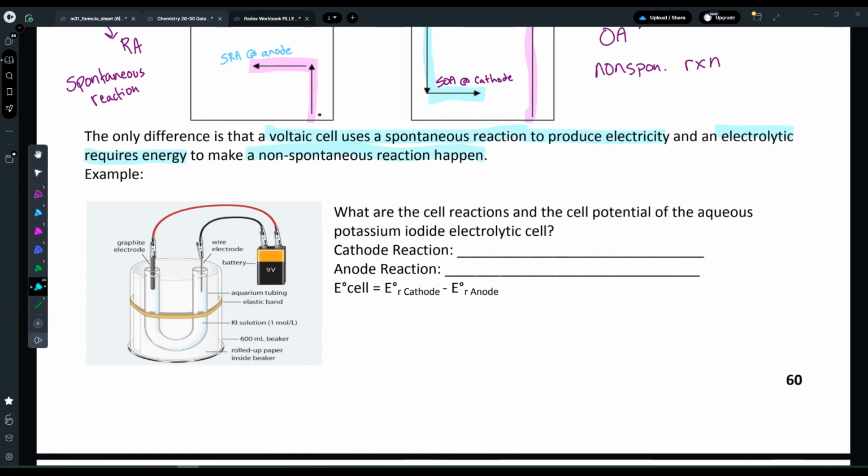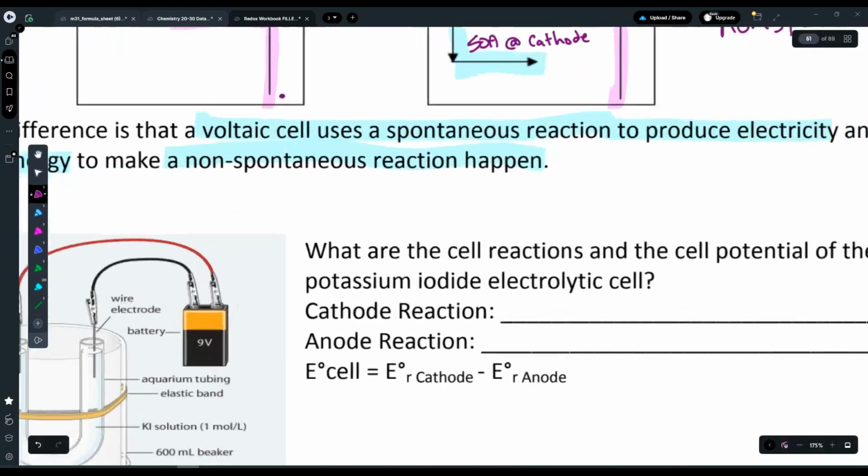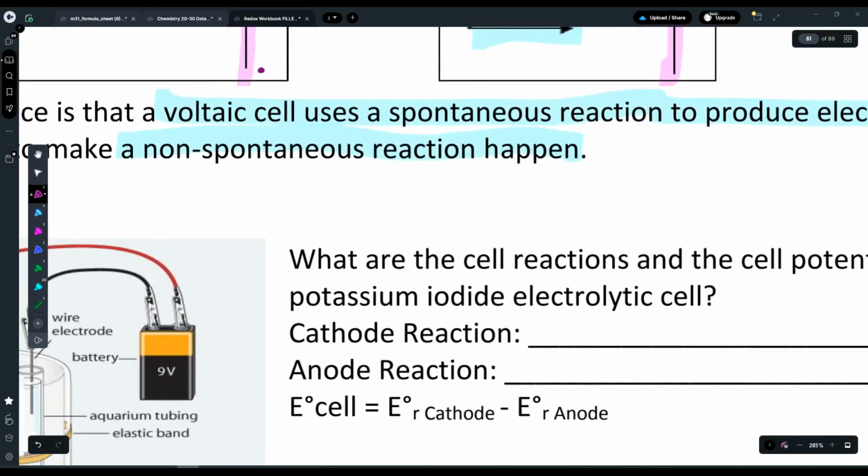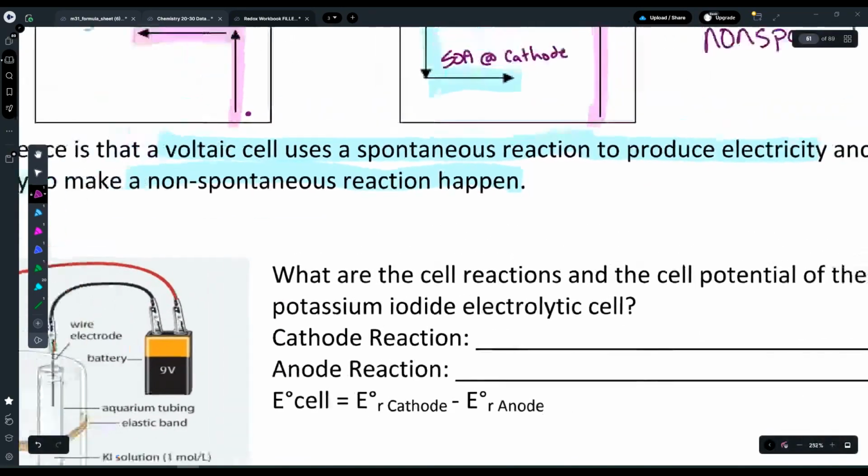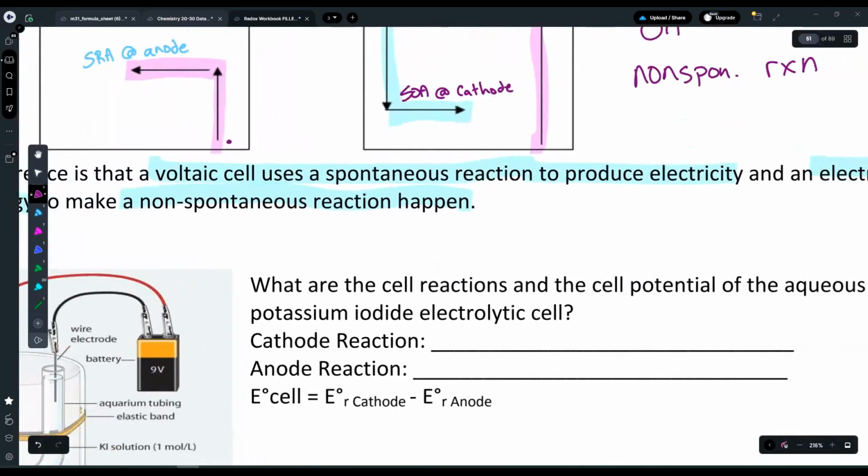So we've got an electrolytic cell set up here, and we're asked what are the cell reactions and the cell potential of the aqueous potassium iodide electrolytic cell. So first things first, let's list out our chemical species. So we've got potassium iodide, aqueous potassium iodide. Aqueous means that we have water.